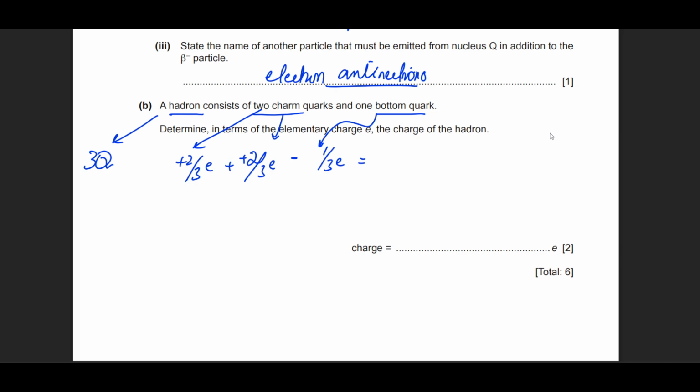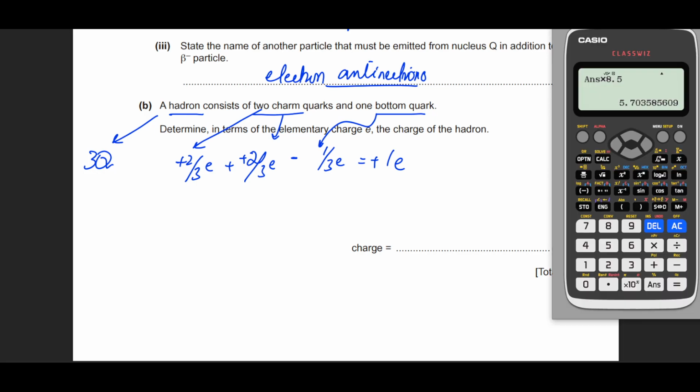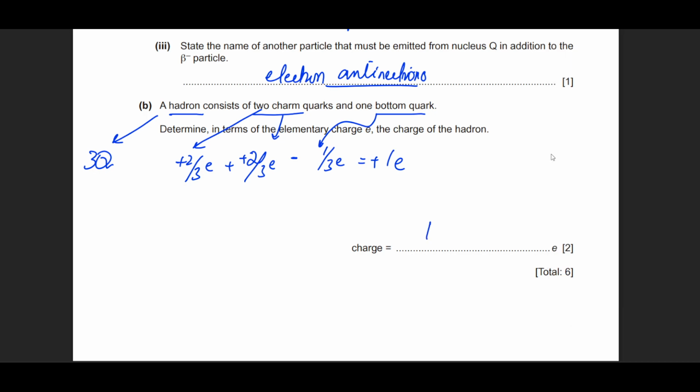This comes out as 1e or +1e. You can do this with a calculator as well if you're unsure about this. Use this 2/3 plus 2/3 minus 1/3. Calculate this, you get 1. So this is your 1 elementary charge.